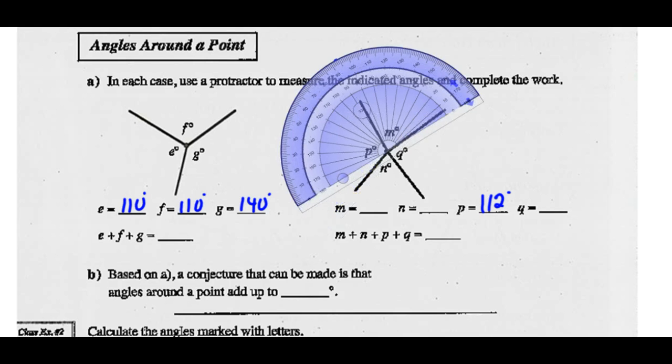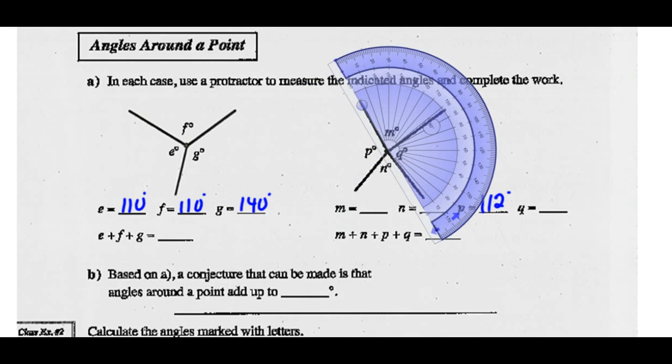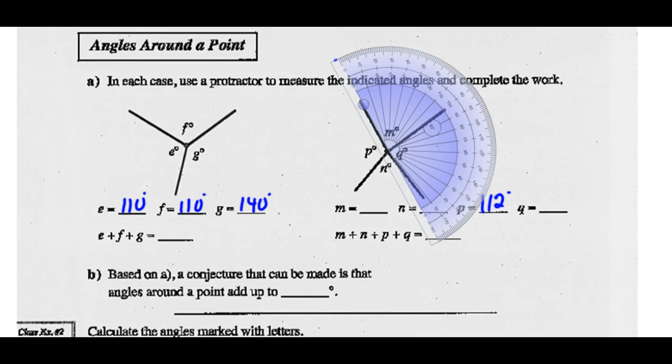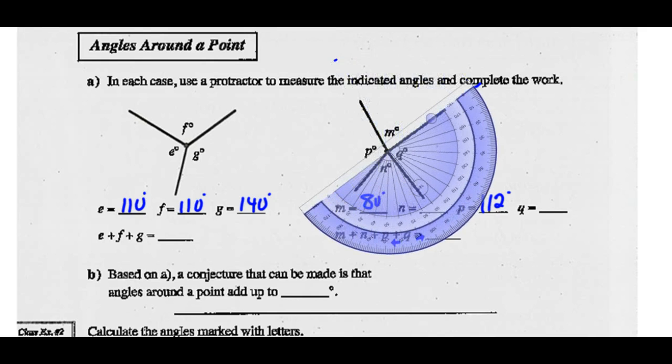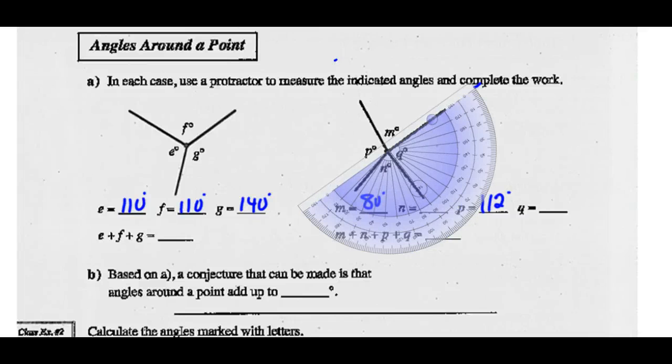Let's look at M. M, to me, looks to be pretty close to 80. Right there. So M looks to be about 80 degrees. Let's look at Q. Q looks to be really close to 90.